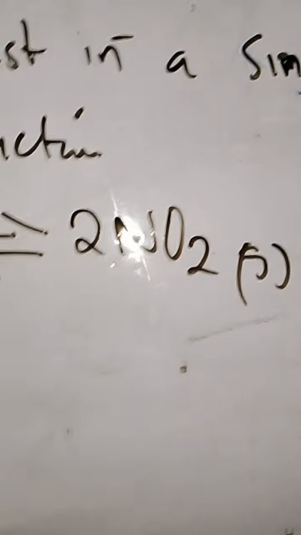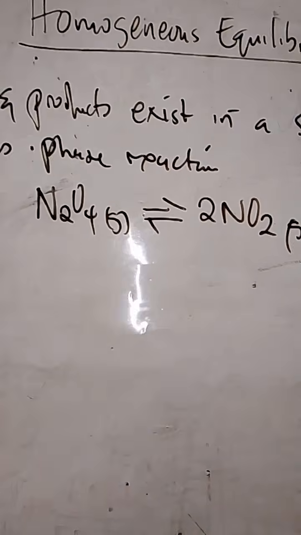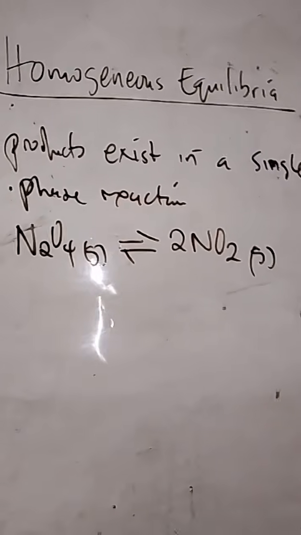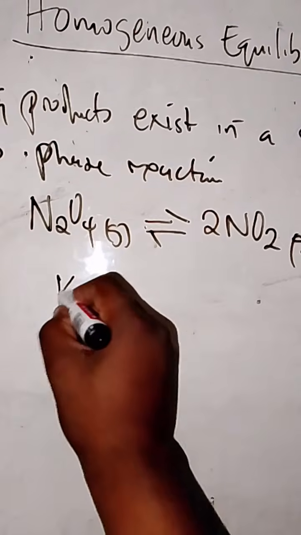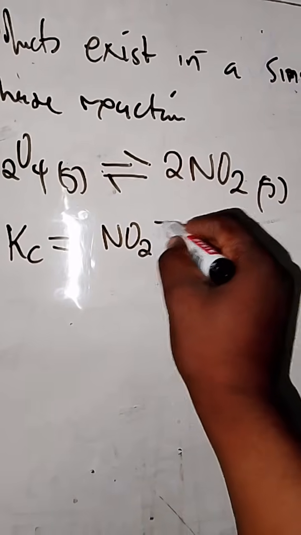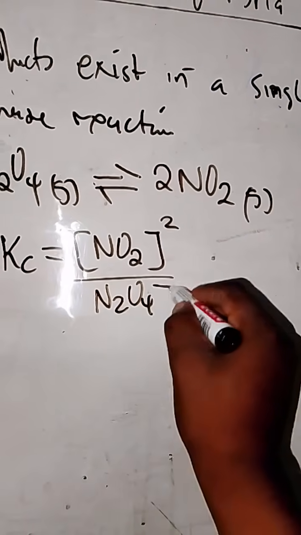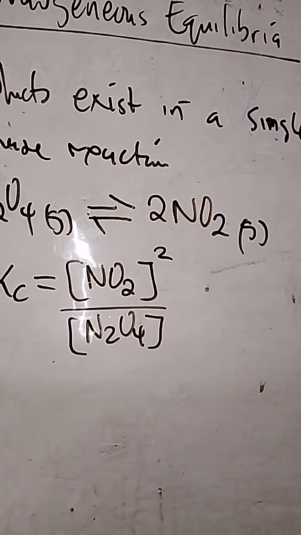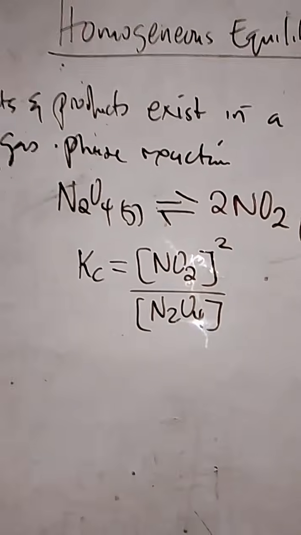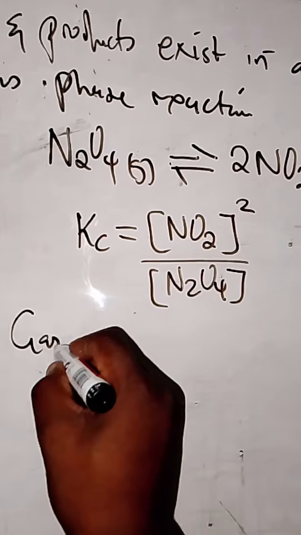Okay, so you can see both the reactants and the product are in gaseous state. So this is homogeneous. So we can write the K expression for this one, which is NO2 squared over N2O4.